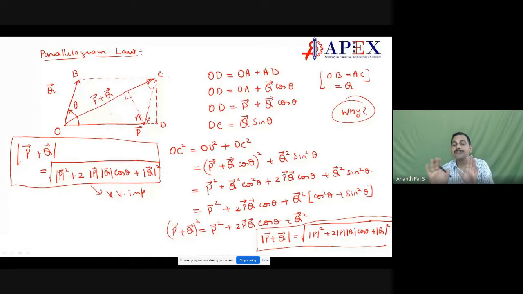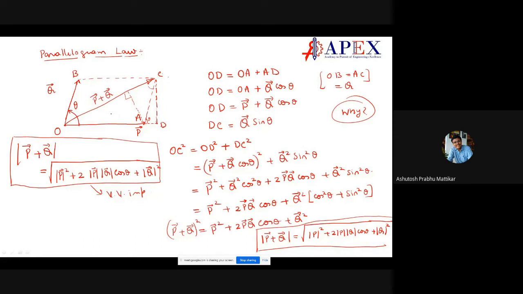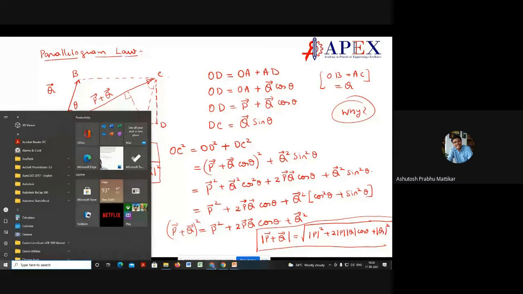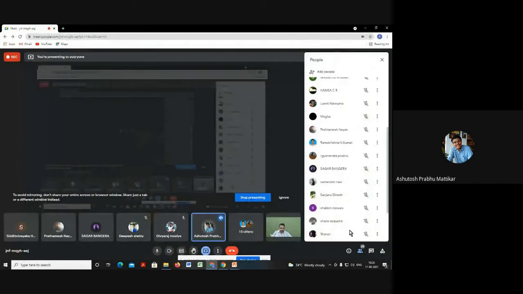Now we are not clear. We have some haziness here. Your sound is not clear. Who is that speaking? The previous slide, Ashutosh.